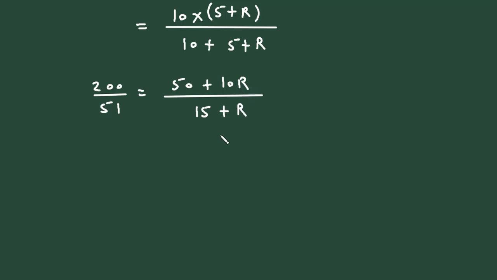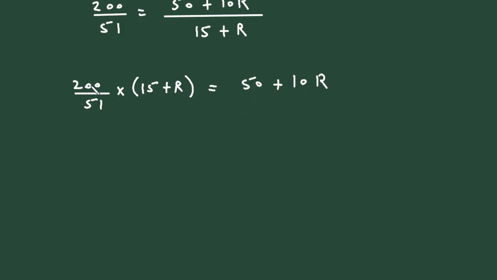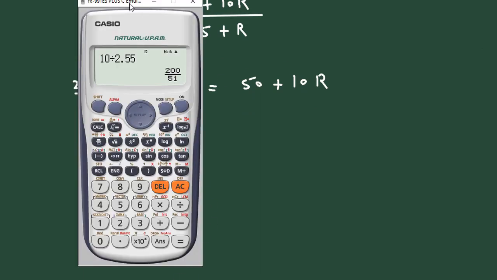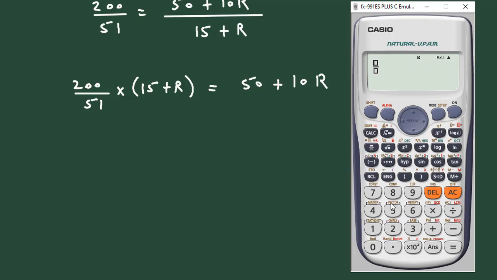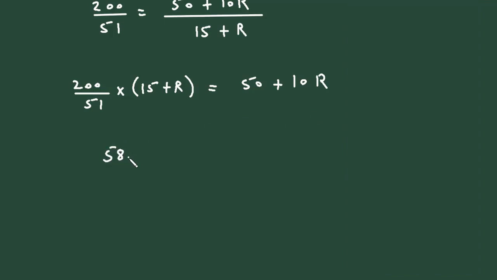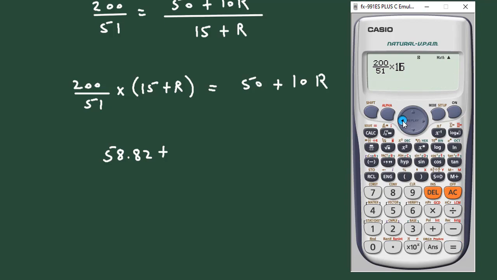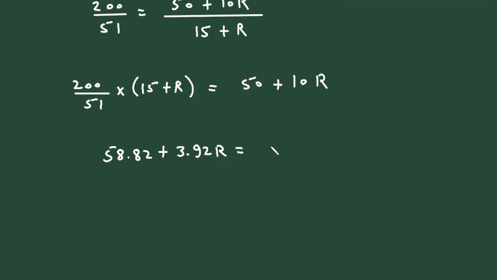So R1 into R2 will be 10 into 15. So 10 multiplied by 15 divided by 10 plus 15, divided by R3. The value of R3 is 20. So 20 plus same, that is 10 into 15 divided by 10 plus 15.